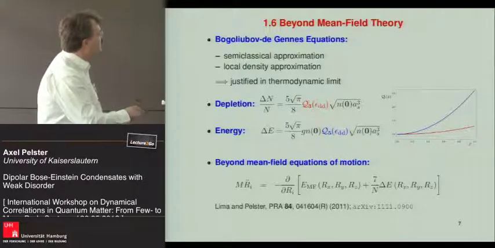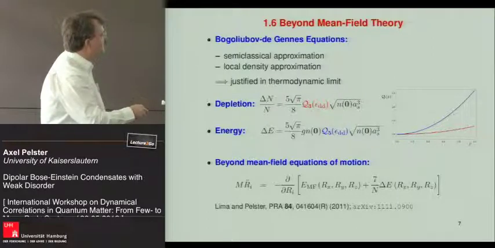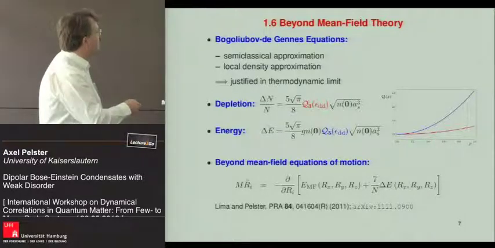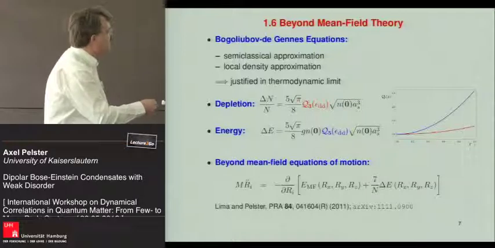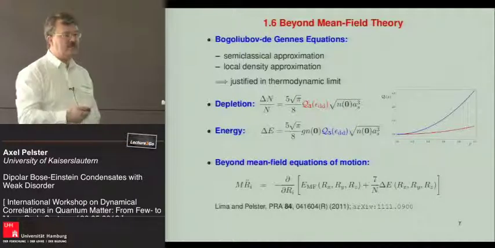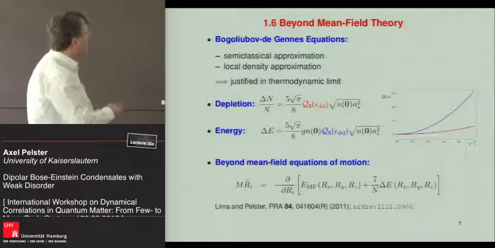You see that for the depletion of the condensate, the variation due to the dipolar interaction is between 1 and 1.3, whereas for the ground state energy, the dipolar enhancement can be even as large as 2.6.